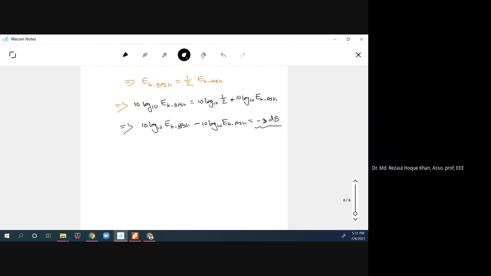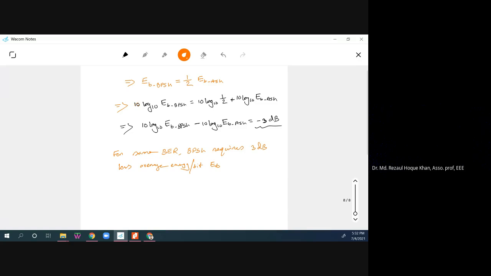The BPSK requires 3 dB lower. So we can summarize that for the same bit error rate, BPSK requires 3 dB less power, or less average energy per bit, EB.